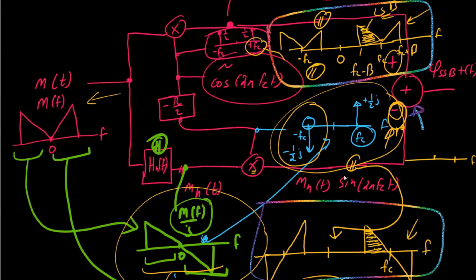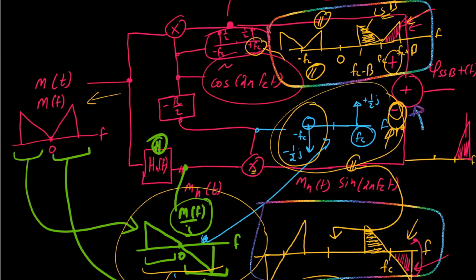But at the same time, this upper sideband is added with a minus of minus this, right? So if you do this minus, this will go up, and then it is going to add with this one. So we have got just the upper sideband with twice the strength of this and this.